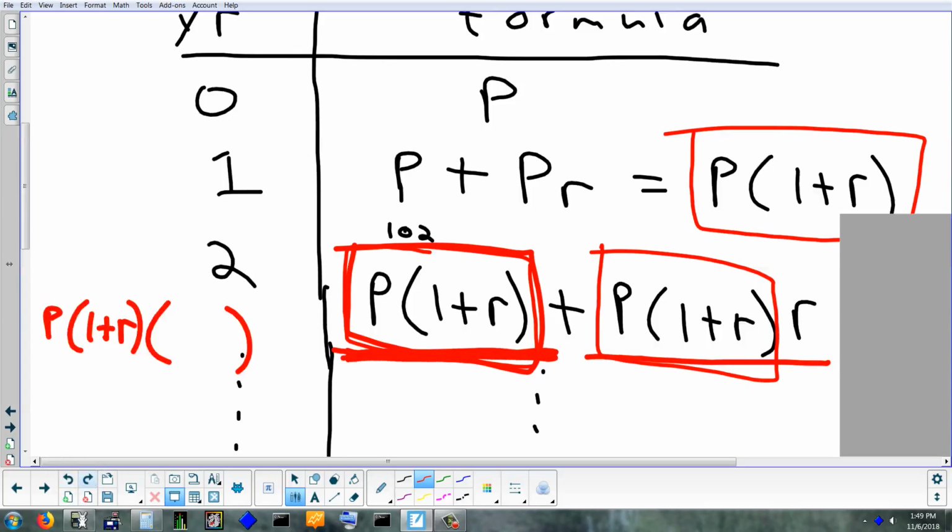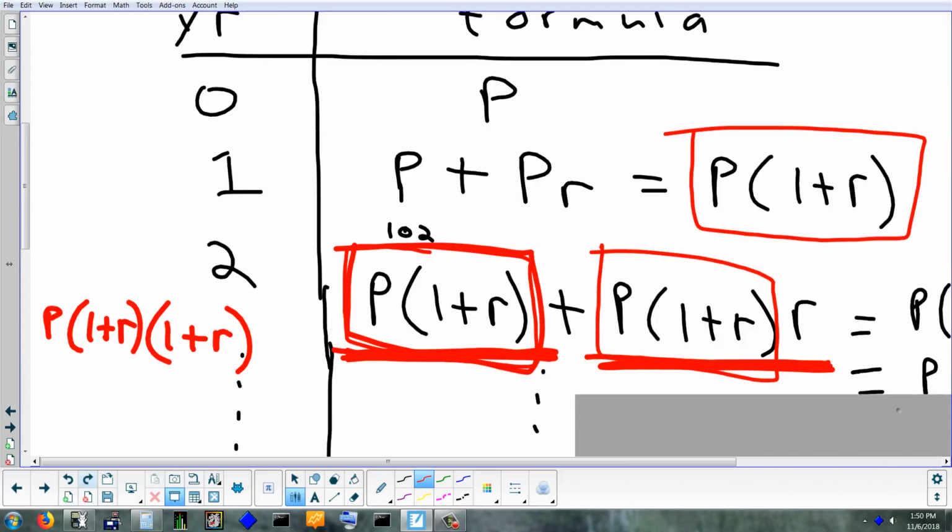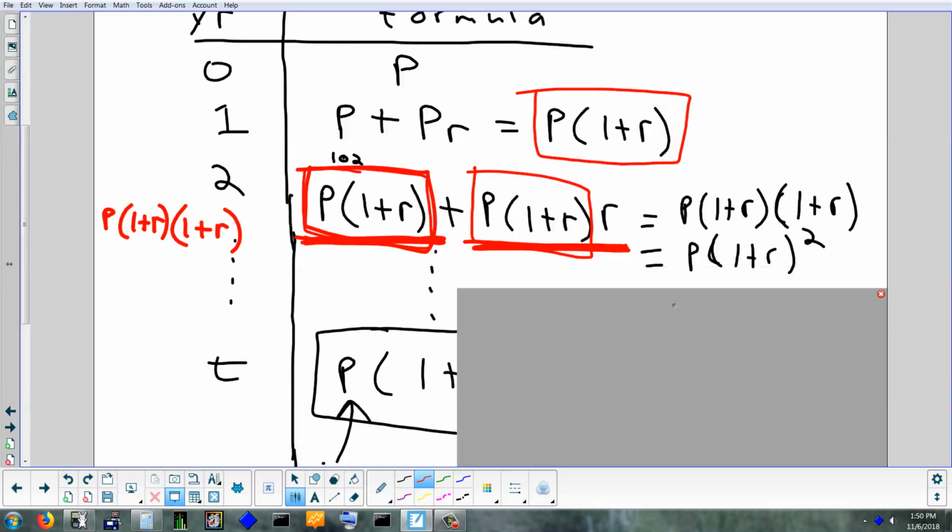You're factoring out everything that's there. So what's left? No, not 0. Yeah, 1. Plus. Now, factor out a P times 1 plus r from the second spot. What are you left with? Yeah, you're left with an r. P times 1 plus r times 1 plus r. How could you shorten 1 plus r times 1 plus r? Yeah, square it. It's P times 1 plus r squared.